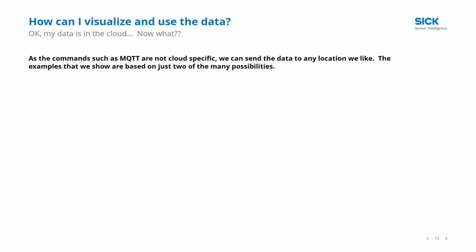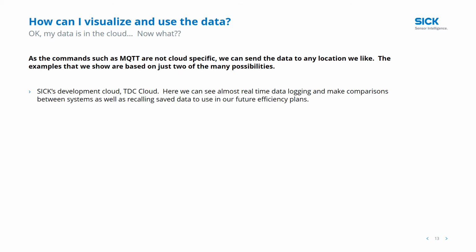Now we're going to show our development cloud, the SICK TDC cloud, where we can see quite a lot of cool stuff going on. But we're also going to show some information in the AWS platform. So that's something that's open to anybody to use, just as much as Azure or Google Cloud, anything like that. So you'll see in a second the TDC cloud.